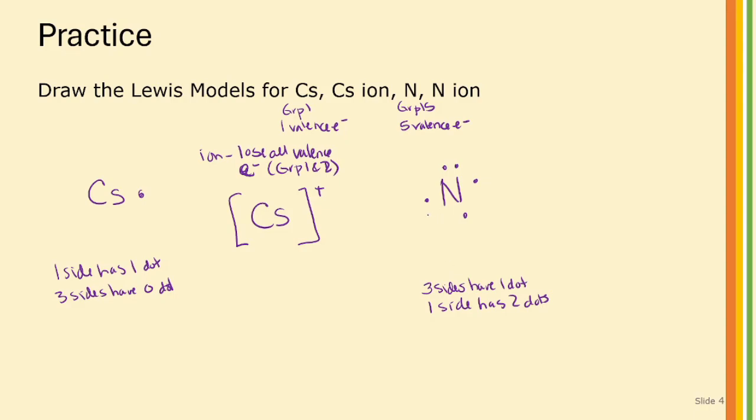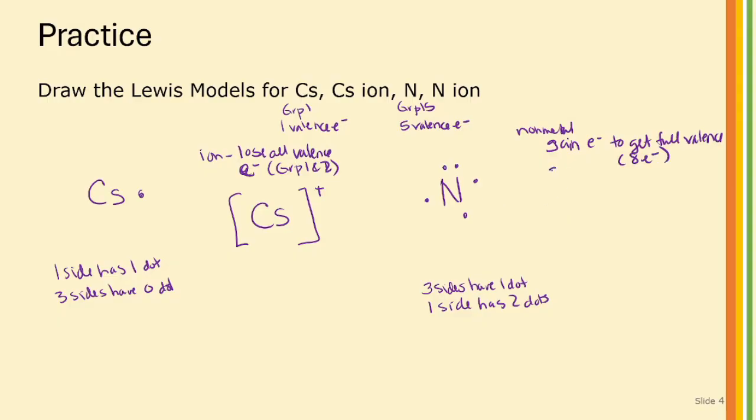Okay, so again, I can see clearly this is a nonmetal. It's going to gain electrons to get a full valence. In this case, it's not a period 1 element, so that's going to be 8 electrons. And I can see it needs 1, 2, 3 for all the sides to be paired up.